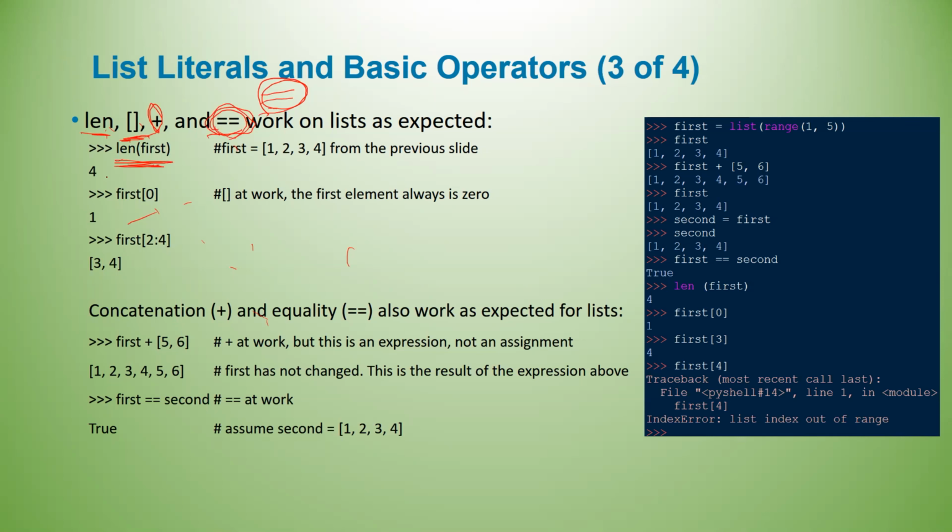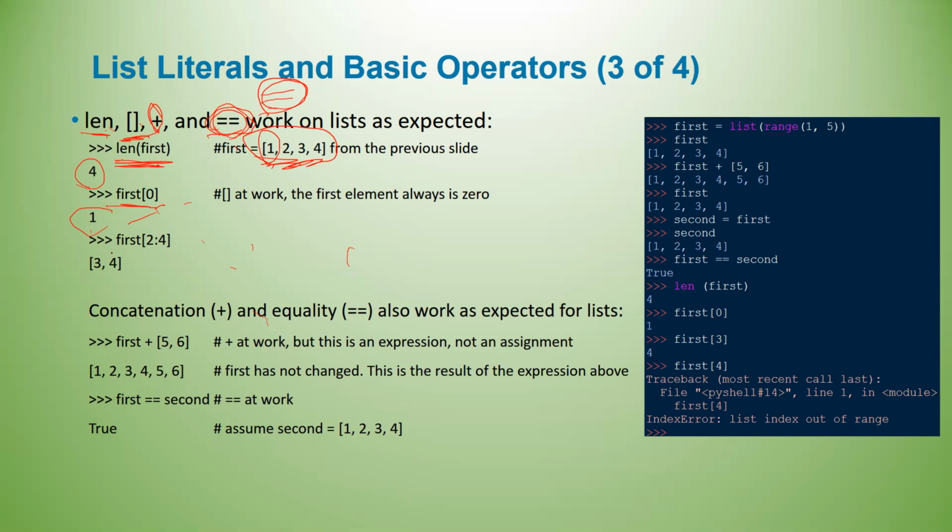Len first, right? It gives you a 4. And first sub 0 gives you the first element, right? I'm telling you, this is the list. So when you say len first, it gives you 4. When you say first sub 0, it gives you the first element, the 0th positioned element.